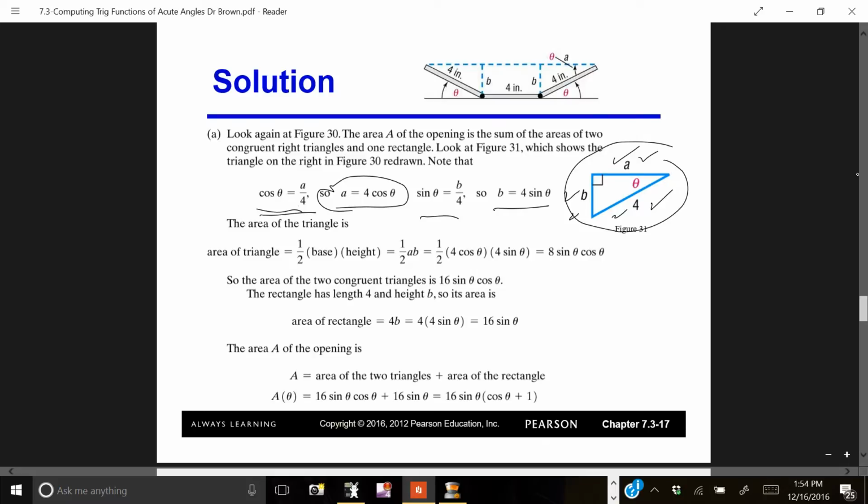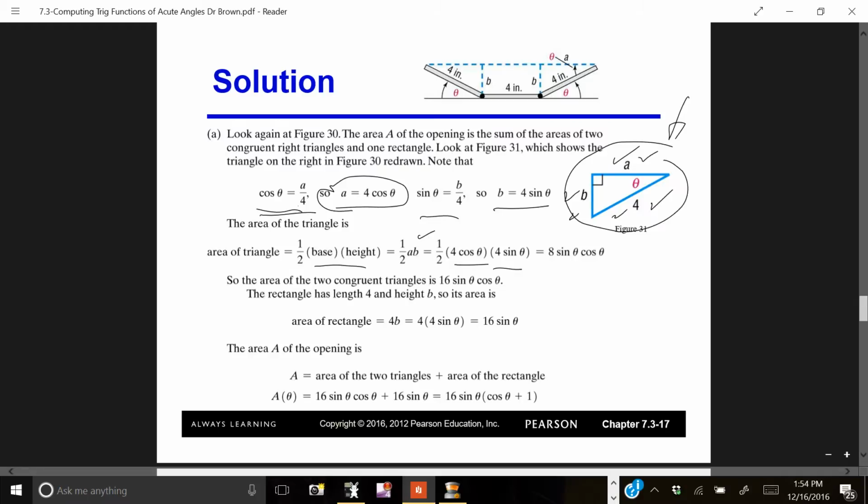So the area of the triangle over here is 1/2 the base times the height, which is 1/2 A times B. And recall that A is 4 cosine of theta, B is 4 sine of theta.